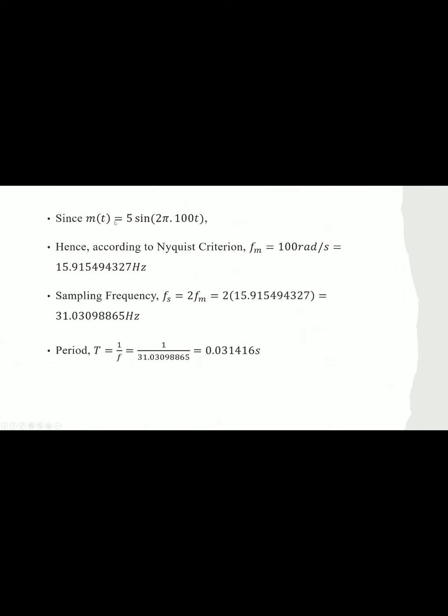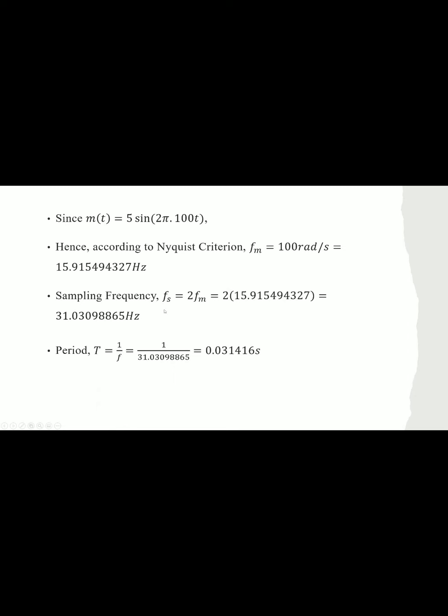Since m(t) is given in the activity, which is m(t) = 5 sin(2π100t), according to the Nyquist criterion, ωm here would be 100 rad/s, which comes out at around 15.915 Hz. Hence, the sampling frequency Fs would be 2Fm. So Fm, we know, is 15.915 Hz.